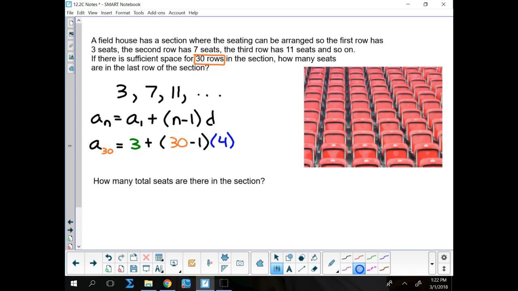Plus 3 gets me that there are 119 seats. Word problems have labels, right? We're finding values here. So there are 119 seats in the 30th row. Okay.